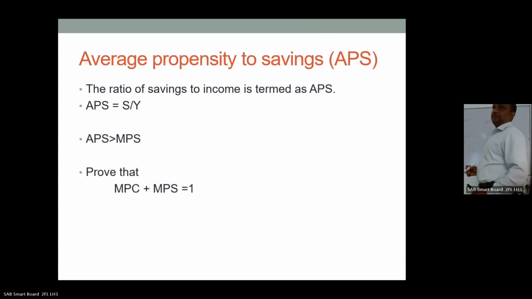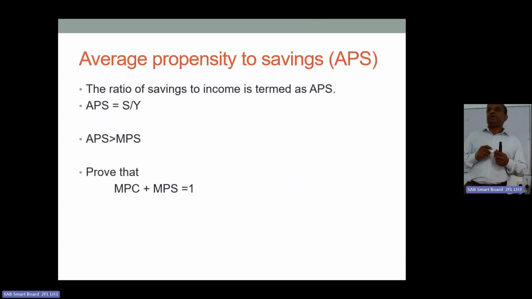So the change in Y equals 1, explained by MPC plus MPS. You can prove that because MPC means b, and MPS means 1 minus b, so that equals 1.